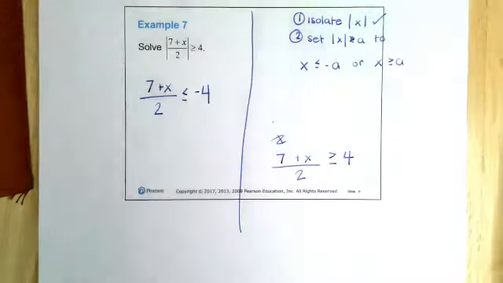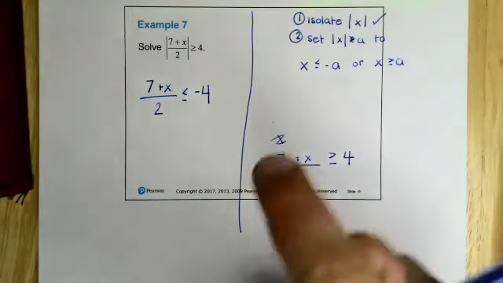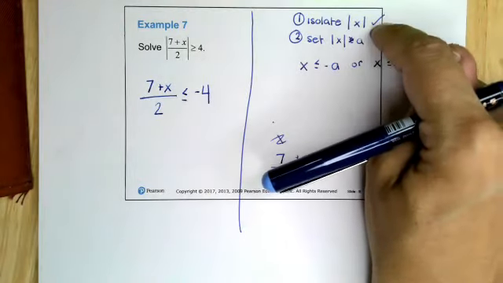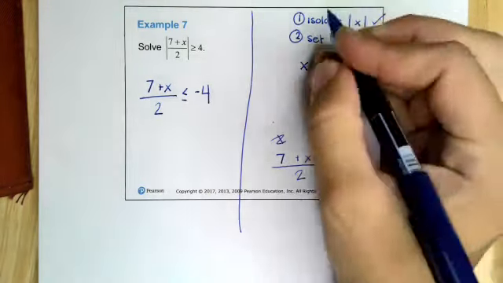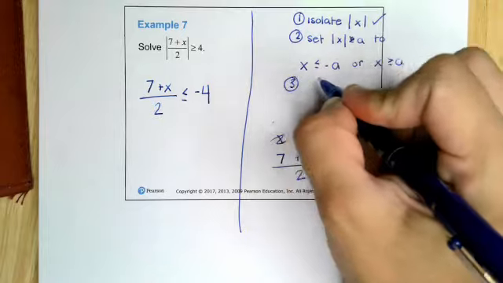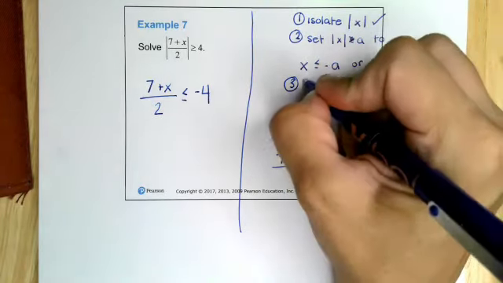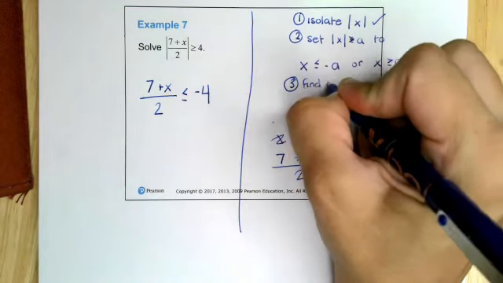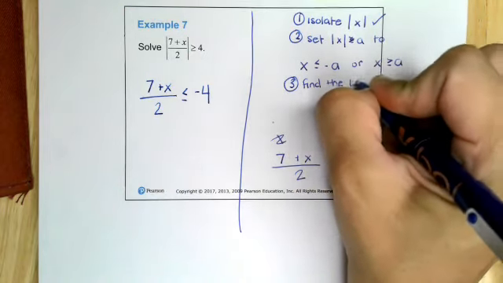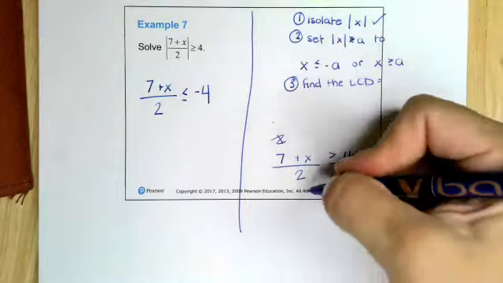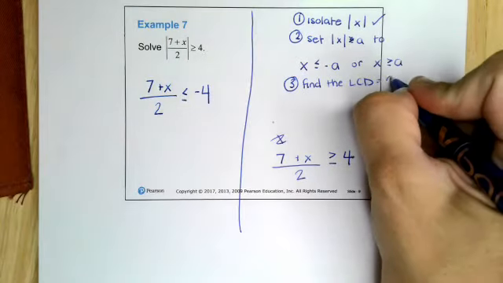The same thing we have here. All right, so we have isolated the absolute value. We set it equal to those 2. Now we need to get rid of the fraction by finding the LCD, and it is the only denominator, which is 2.